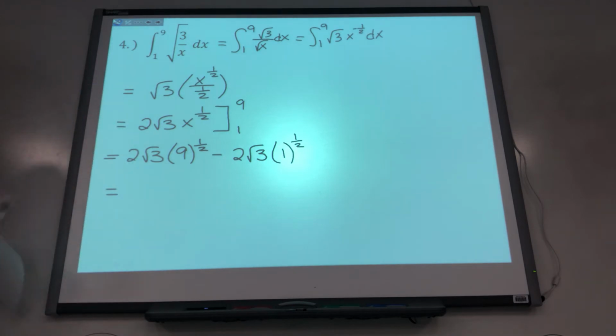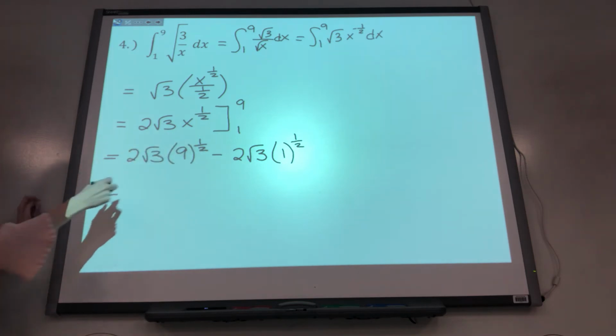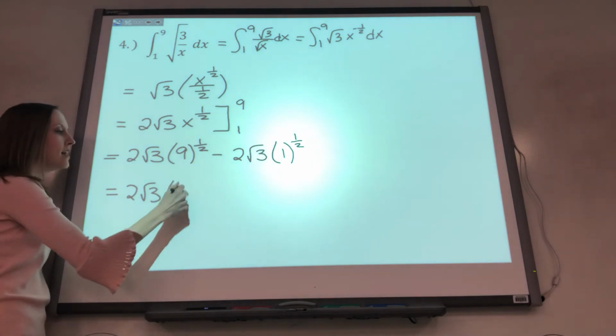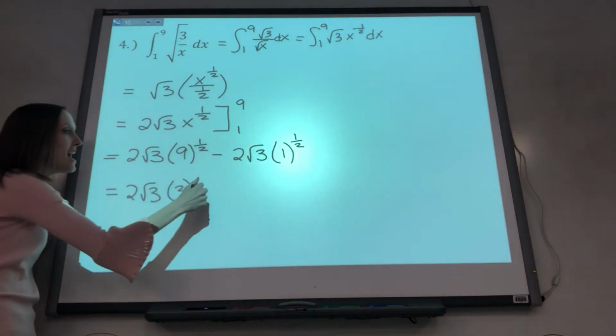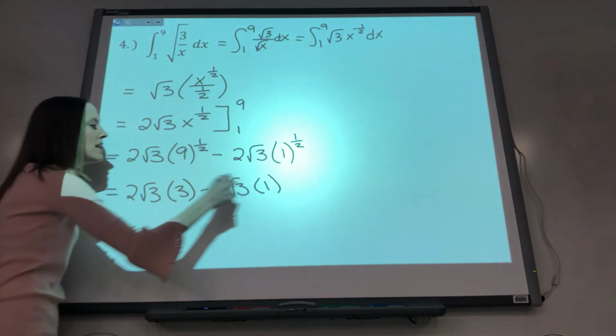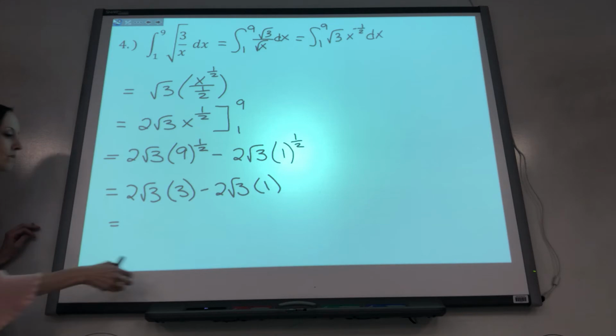So we mentioned this earlier, and we've done this a lot in calculus, but remember, a 1/2 power is like a square root. So square root of 9 is 3, and in the back, square root of 1 is 1. You could do that on your calculator too if you wanted.